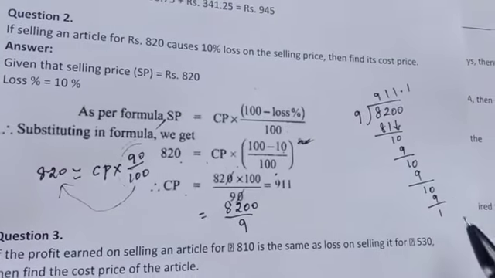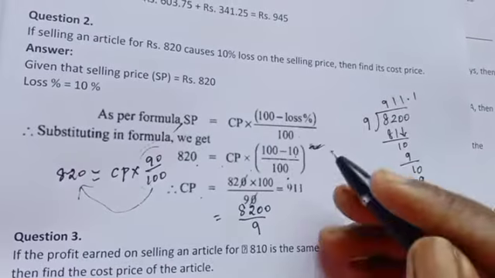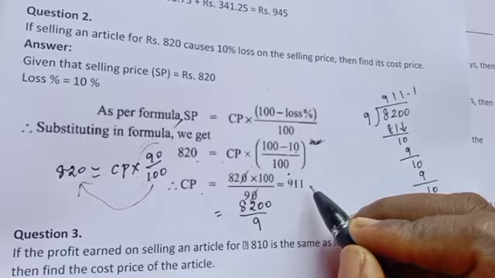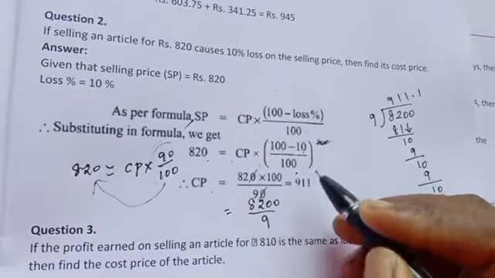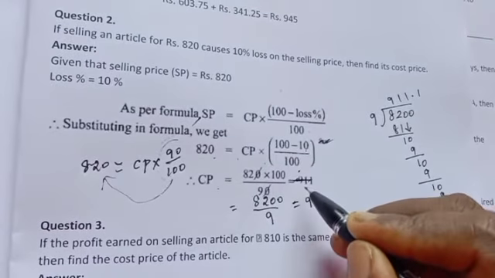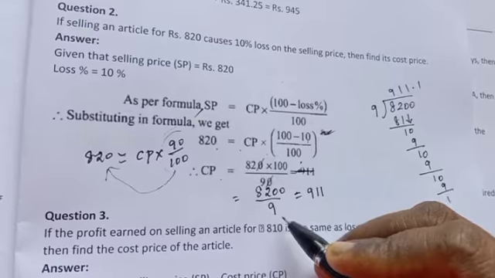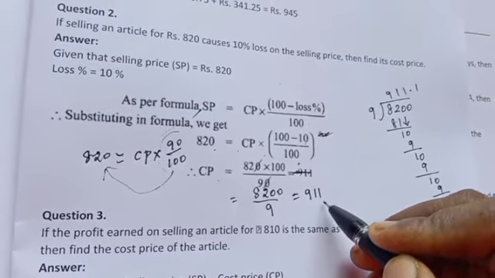You have to make a normal division, and you get 911.1. So it is approximately equal to 911. 82 into 100 is 8200 by 9; divide these two, you get 911.